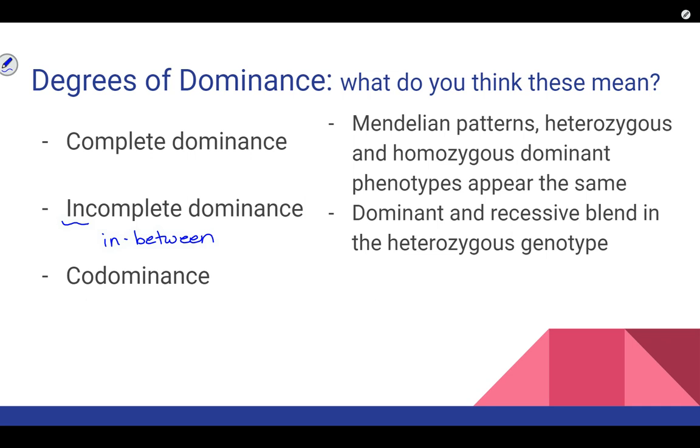It's kind of a blend of the phenotypes, though sometimes the blend is not exactly what you would picture, especially when we're talking color in living things. If you have something that's red and something that's blue, when they blend, they don't always make purple, okay? But it's a different color that's kind of a mixture of the 2 in the heterozygote. So it's a completely different 3rd phenotype. And we'll look at some examples in just a second.